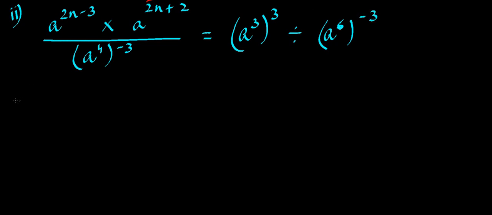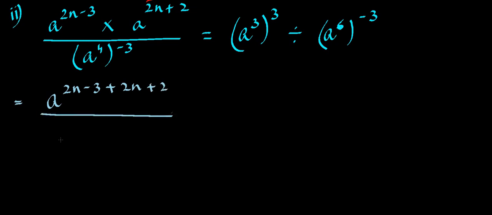Chalo, let's move ahead. That's equal to, over here we have common bases a, so we can add the powers. We can say a raised to 2n minus 3 plus 2n plus 2 upon a raised to, multiply the powers, minus 12 is equal to a raised to 3 into 3, 9, divided by a raised to 6 into minus 3, minus 18. Oh, not equal to sign, again I go. Common mistake we all make.